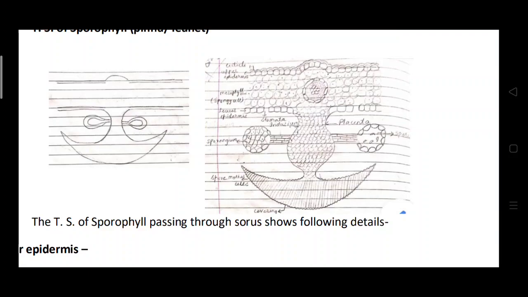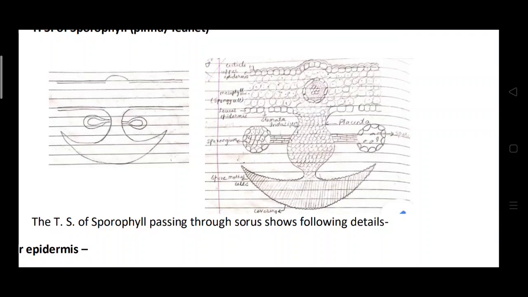The outer upper layer is the epidermis, which is covered by the cuticle. Then after the epidermis there are circular cells, that is the mesophyll, also called spongy cells. Then the lower epidermis is present, and on this lower epidermis some stomata are there.